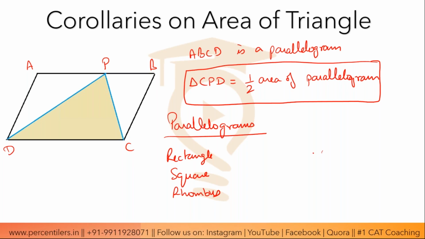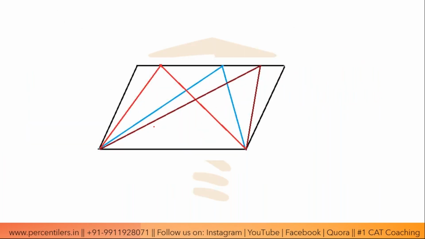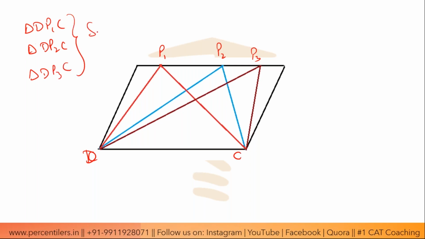Now, how to prove it? See, if this is a parallelogram, this side was DC. So if these are points P1, P2, P3, then each of these triangles, DP1C, DP2C, DP3C, सबका every triangle has the same area.